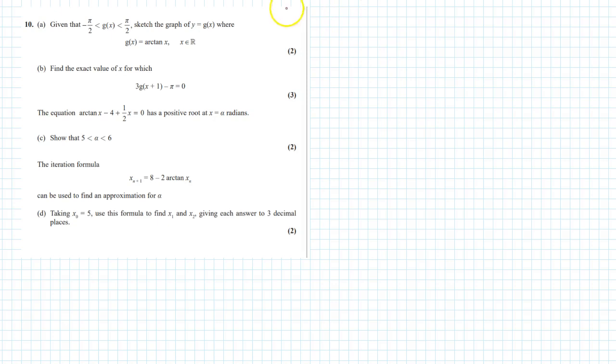Question number 10, part A. Given that g(x) is from minus pi over 2 to pi over 2, sketch the graph of y equals g(x), where g(x) is arctan x, that is tan inverse x. Now we have to make the graph for this.